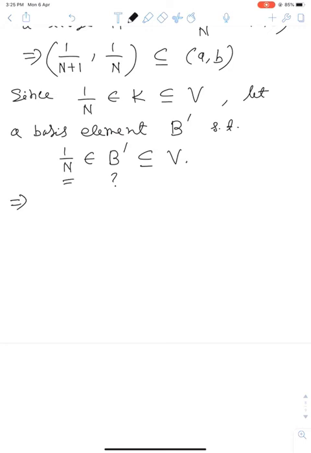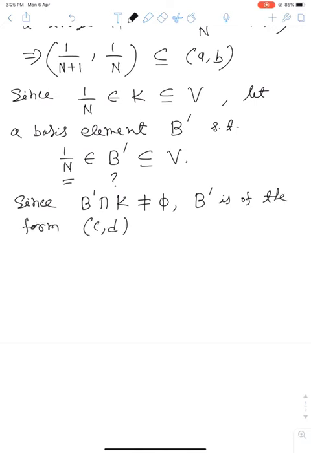Now we can write that since B dash intersection K is non-empty, B dash is of the form only C D, for some C, D belonging to R, right?